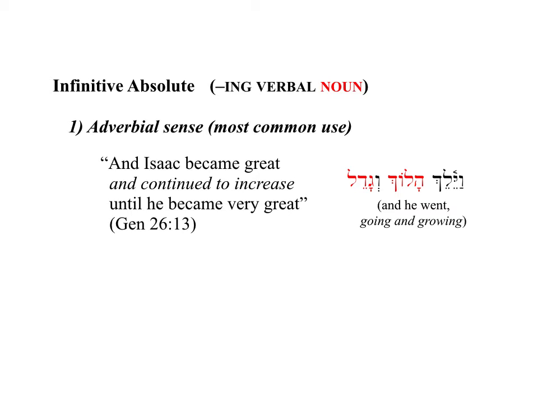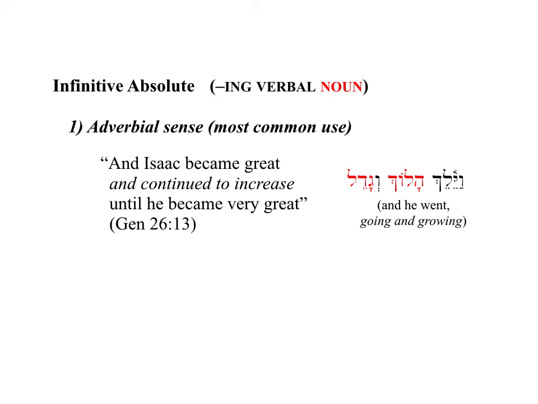Now the phrase, and he continued to increase, is vayelek halok vegadol. So he went, going, and growing. So the idea, Isaac became great, and he went going and growing until he became very great.